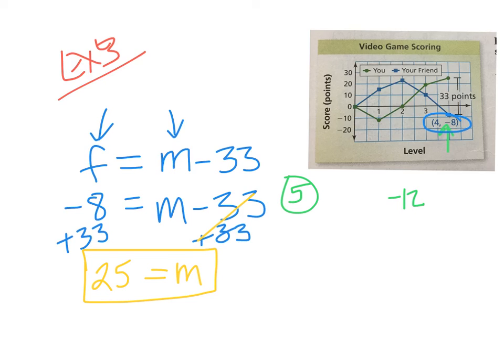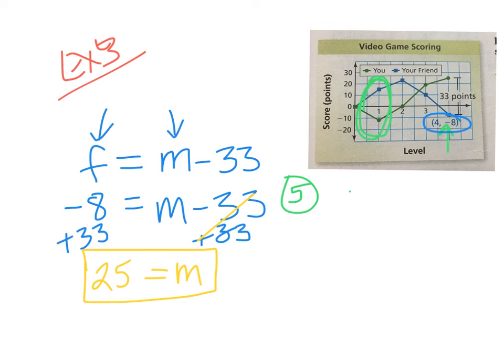Okay. Let me rewrite this better. Okay, so now we're looking here. See this level 1? It's right here on the graph. And we know that I'm at negative 12.